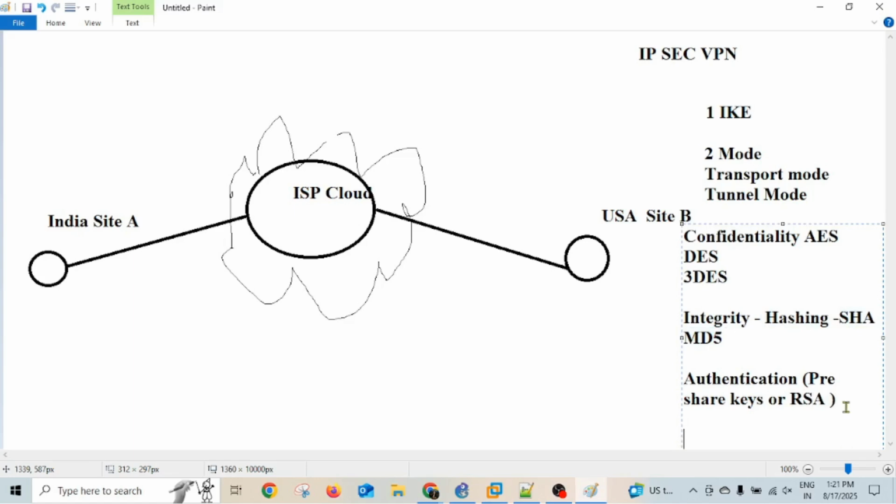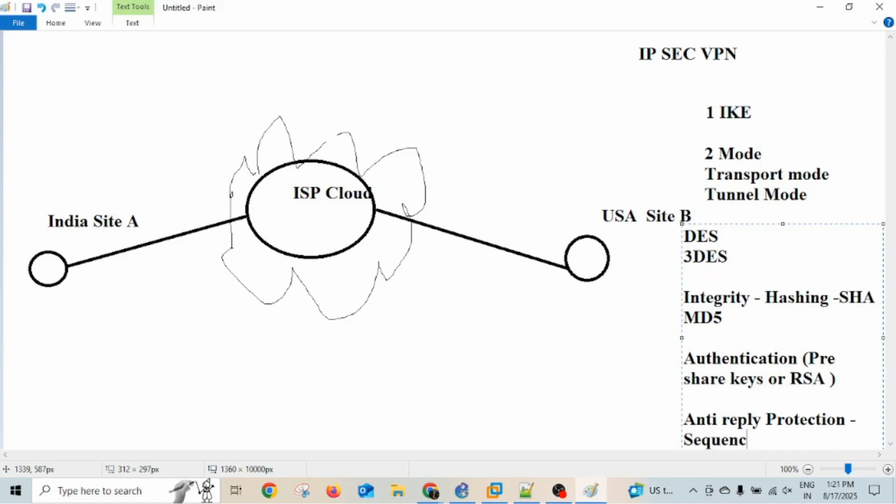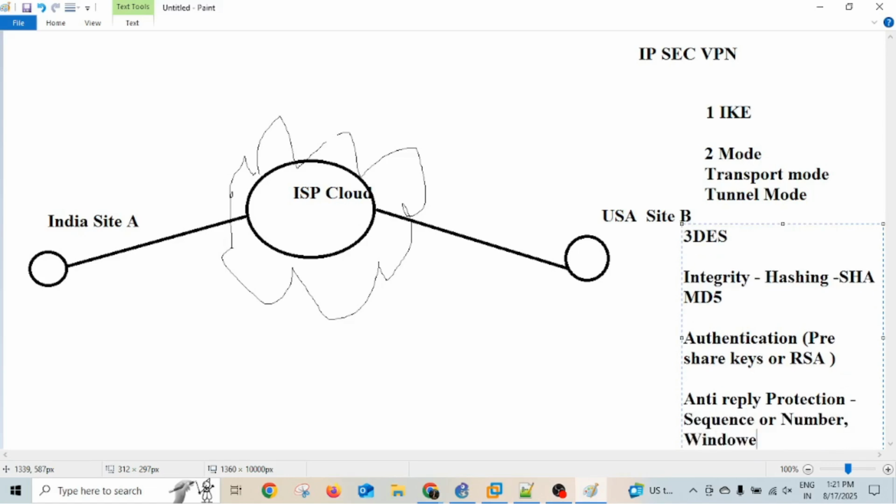And for anti-replay protection, it will be sequence number and windows.